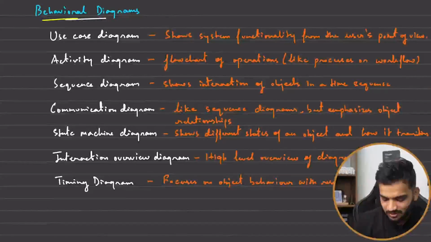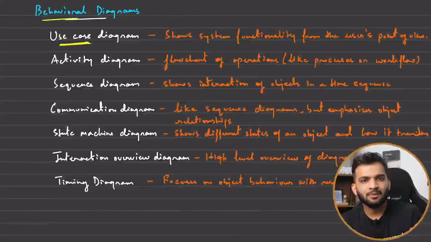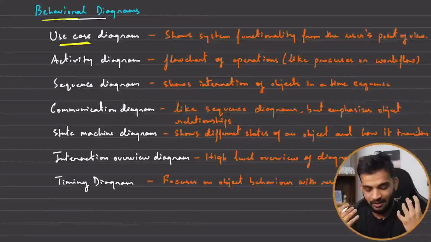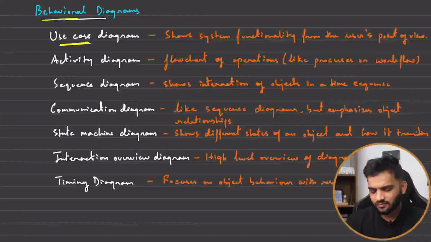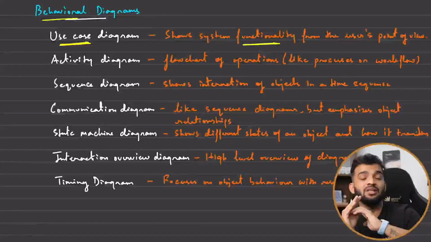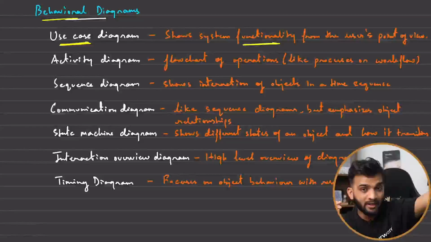The first one is the use case diagram. This is important, but is it important in terms of low level design? Not that much. Now, the use case diagram is where you basically talk about the system functionality, what your system will be doing, how it will be interacting with the outside world, where there is a user who's using it, everything around that.